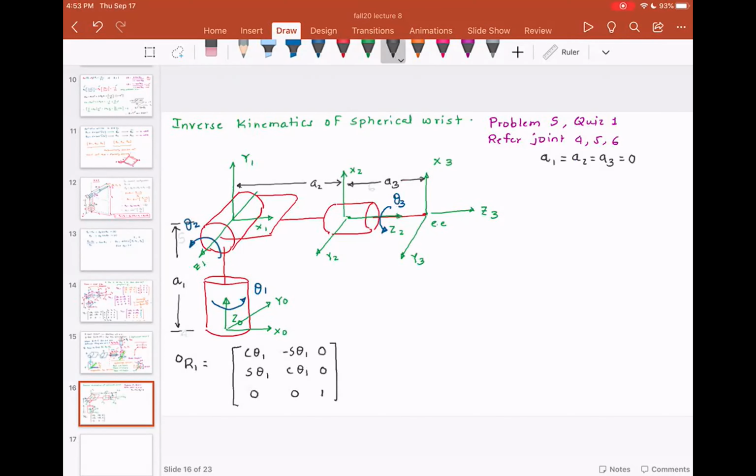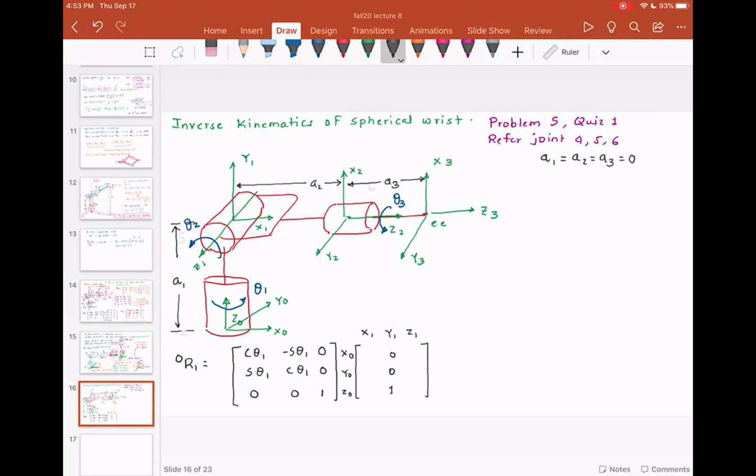This needs to be multiplied by the projection matrix, and the projection matrix is x1, y1, z1 against x0, y0, z0. Now check this out. The projection of y1 on z0 is 1.